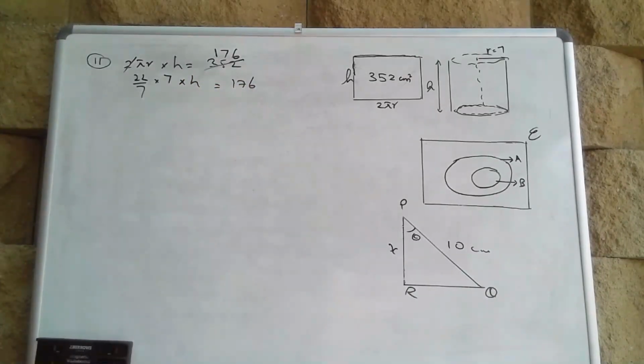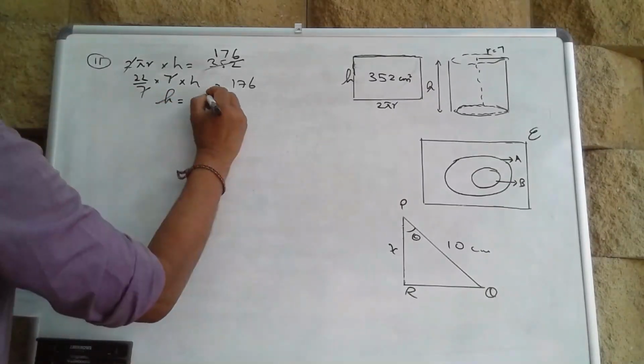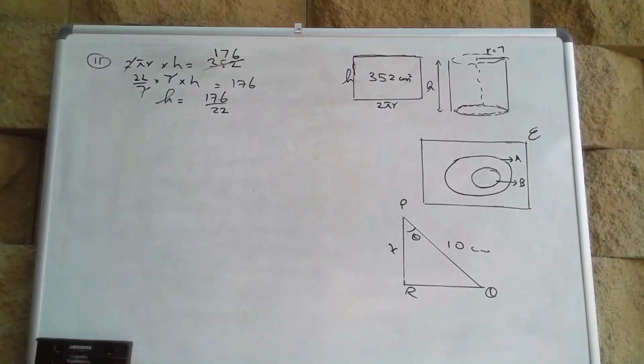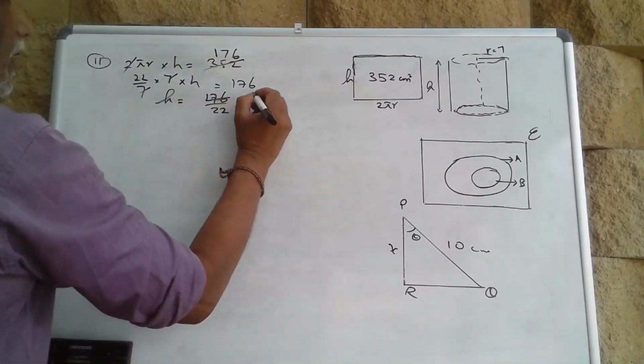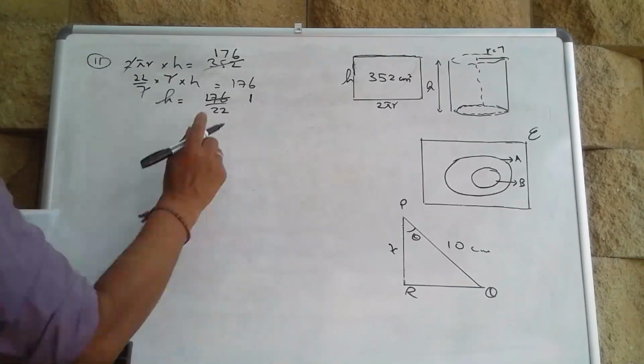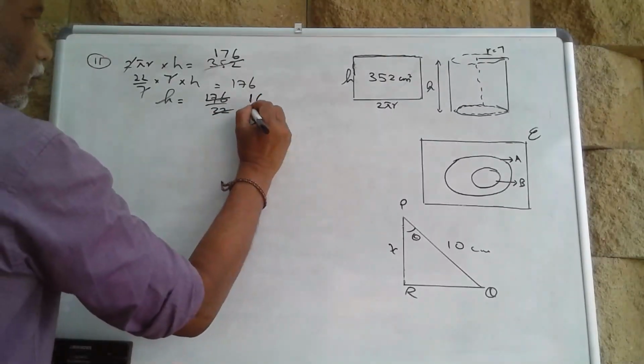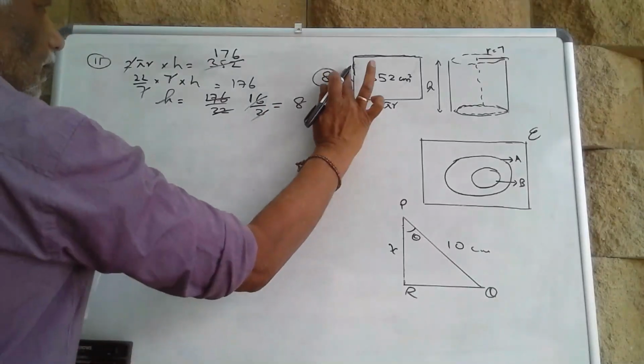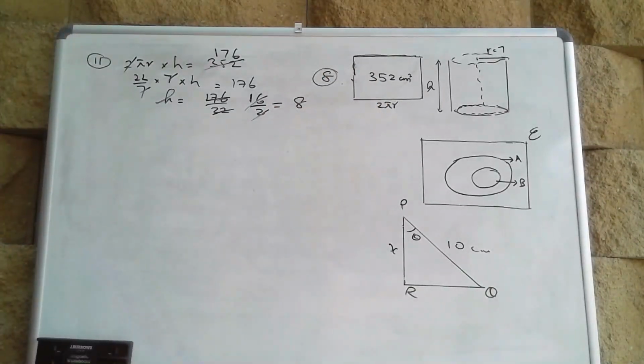You can cancel this. Therefore, simply A is equal to 176 divided by 22. So this is going to be 8 centimeters. That's the answer for the height.